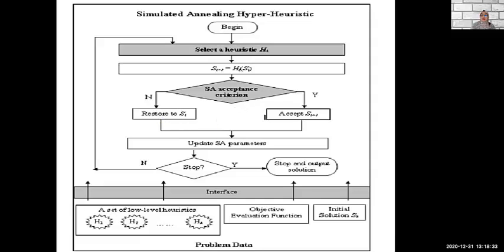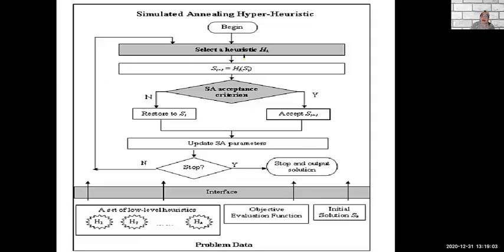For acceptance we use the simulated annealing acceptance criteria. Then we update the SA parameters. Remember, the SA parameters need a cooling schedule, reducing the temperature, and so forth. If the termination condition is not yet met, you proceed with selecting a heuristic.